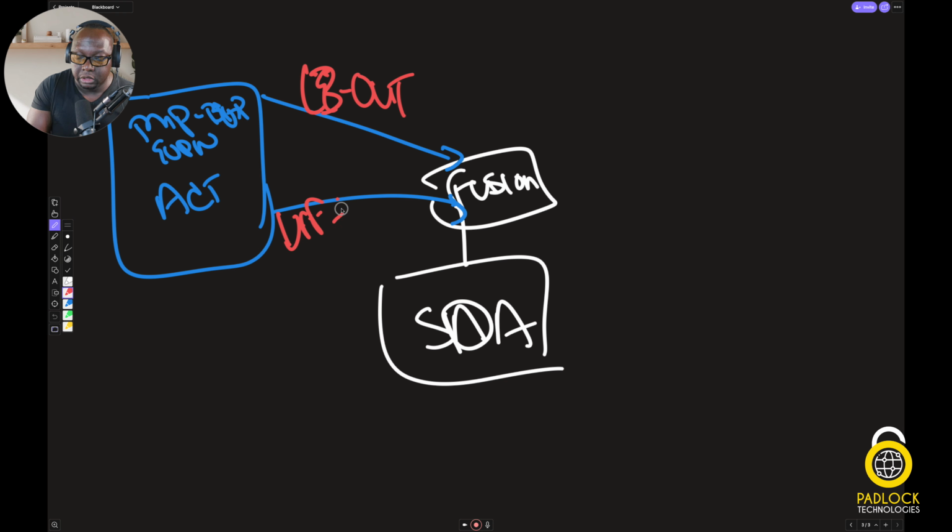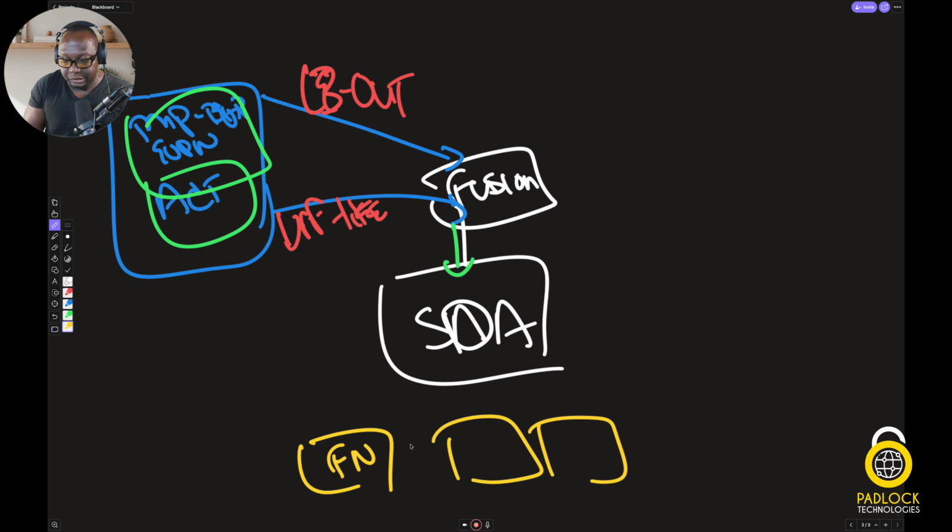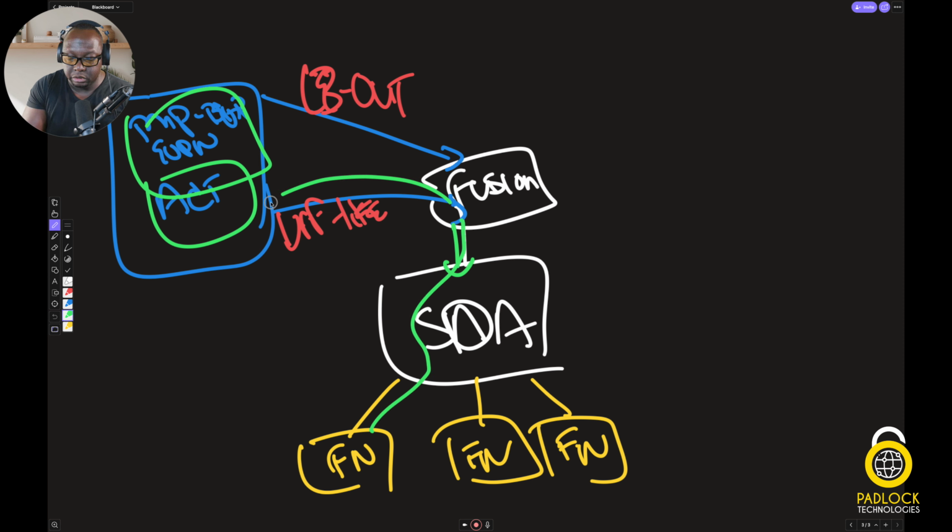So VRF Lite is basically an interface that's in the VRF, and then you're either going to do BGP to the fusion router, or you're going to do OSPF and redistribute the routes, so that when I get to the fusion, I'm going to advertise these routes into SDA so that all my fabric nodes down here at the bottom know, hey, if I want to get to any of these routes, I need to travel through the fabric to the fusion to ACI or traditional MP-BGP EVPN. Now, that's the future, right?